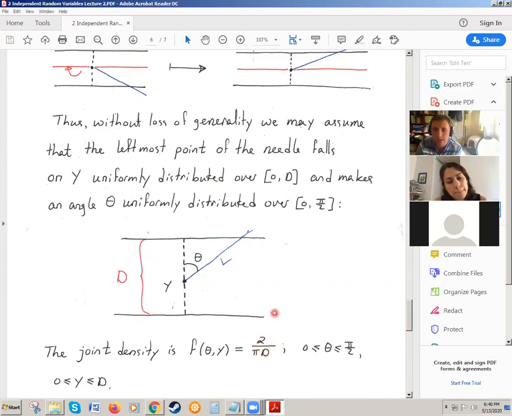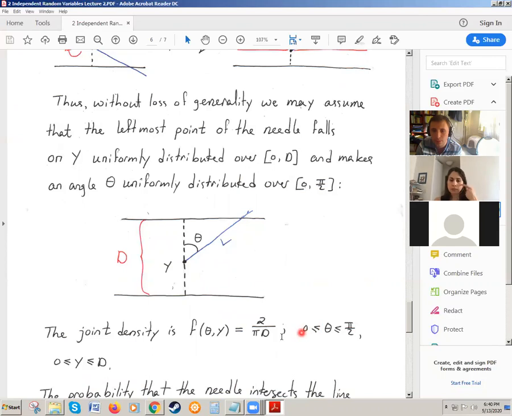So far, what I'm saying is, I hope, completely understandable, right? So theta can vary from 0 to pi over 2 and y from 0 to d. And now the calculation is, what's the probability of intersection? Again, in this case, I'm assuming only intersection possible with the top line. It's the same by symmetry.